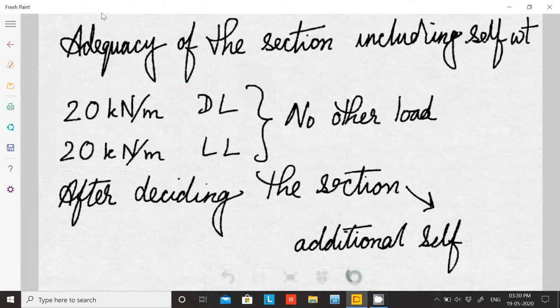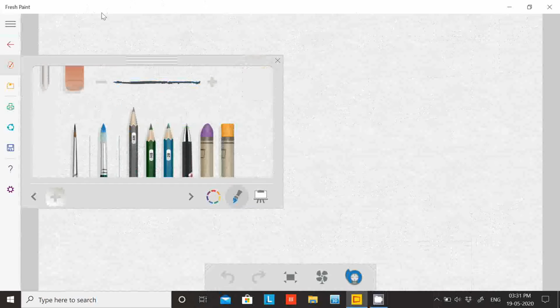Because at the very beginning there was no section, so no self weight. But after deciding that we will select IS LB350, there is a self weight which is coming into play. So we have to take into account the self weight also now, along with the load that was previously there.